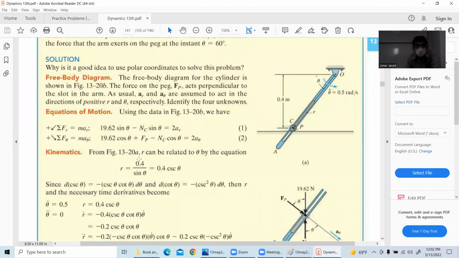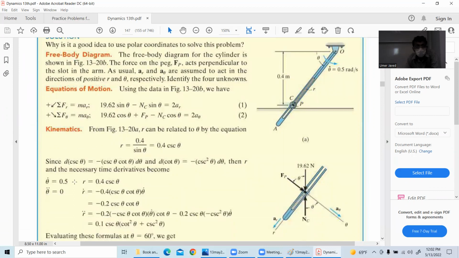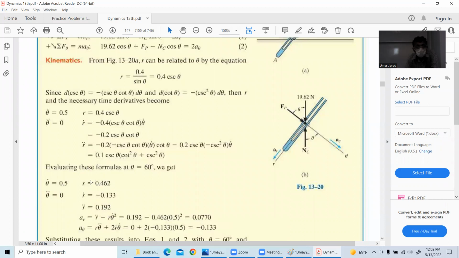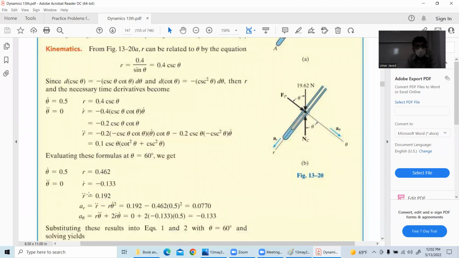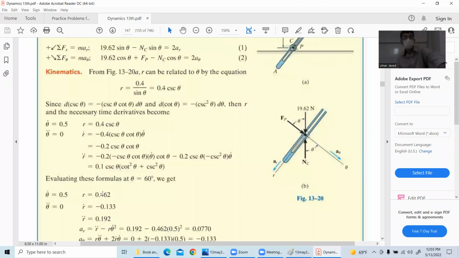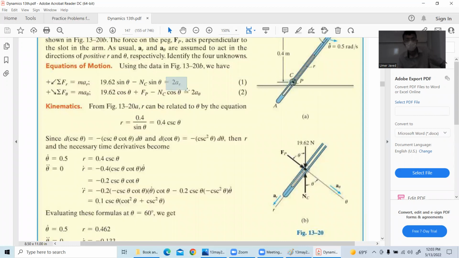We find the value of R like this. Then we start to find R dot and R double dot, take the derivatives. Then we plug in R dot and R double dot to get AR and A theta. Then we substitute our AR and A theta in these big equations that we started with. And from here we calculate NC and FP.